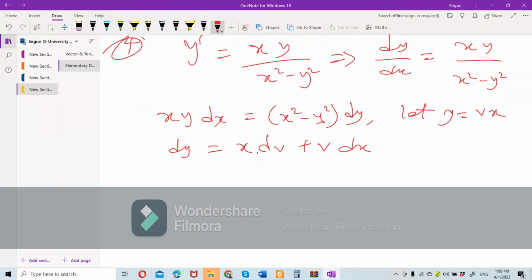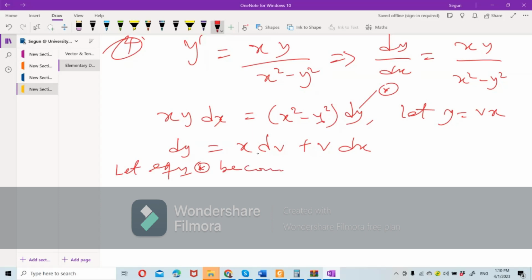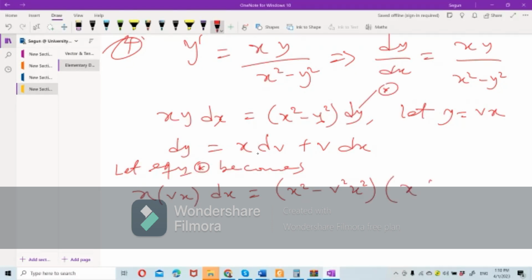So for us to solve this one, what do we need to do? Let's substitute our y here. I can call this one equation star. Let equation star become x into vx dx equals x squared minus v squared x squared in brackets x dv plus v dx.